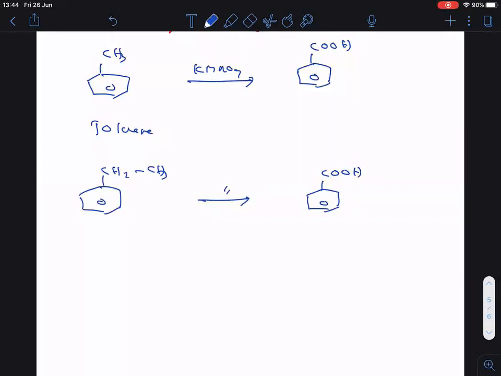Now, one important conclusion is that irrespective of the number of carbon atoms in the alkyl group, that alkyl benzene on oxidation always gives benzoic acid. Even you can take 100 carbons in the alkyl group, you will get benzoic acid only.